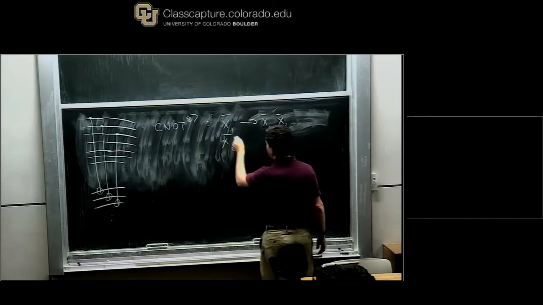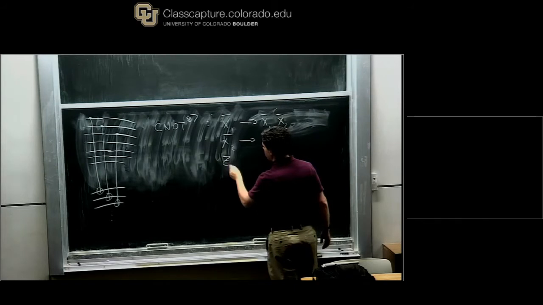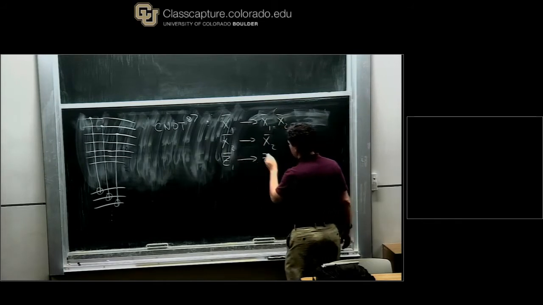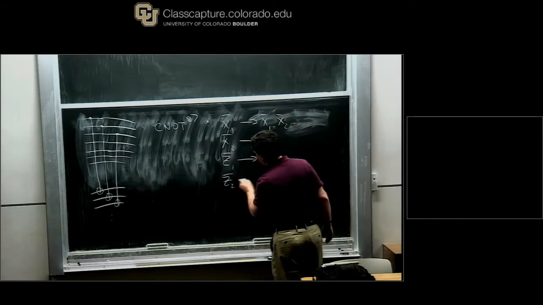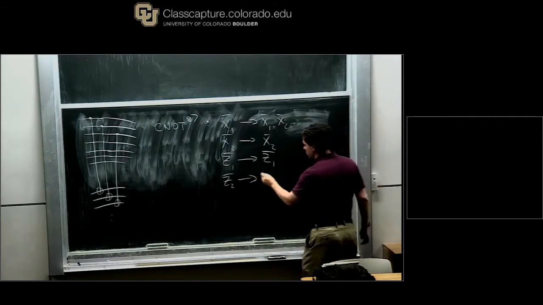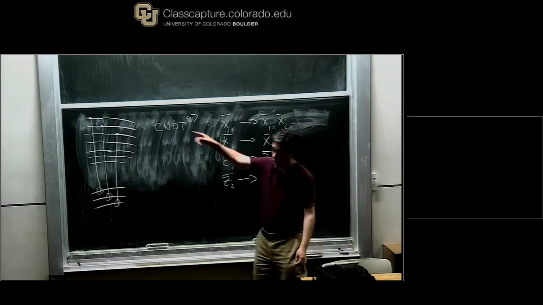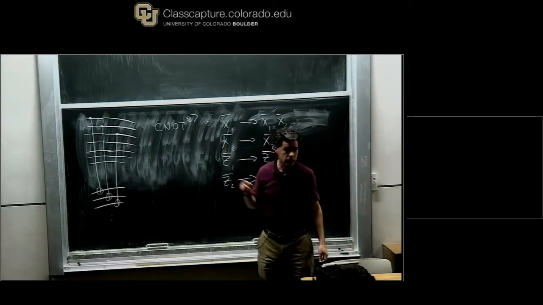And X2 on the second block doesn't get changed. It just stays X2. Z on the first block doesn't get changed. It stays Z1. And Z on the second block gets all Z's tensor all Z's, so it's Z1 Z2. Okay? And this is, again, the logical CNOT, if you compare.